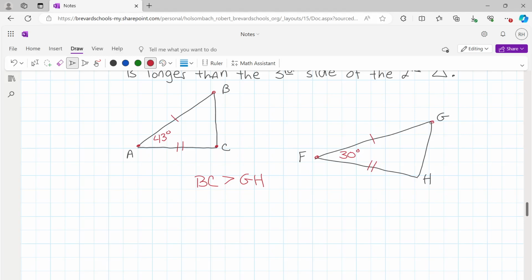Hopefully everybody can see that and that it makes sense based on what we did last week when we ordered the sides of triangles based on their opposite angles.